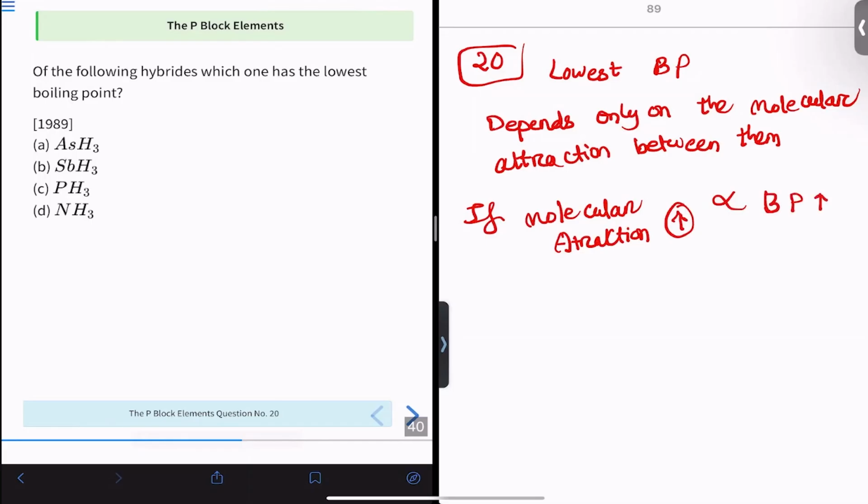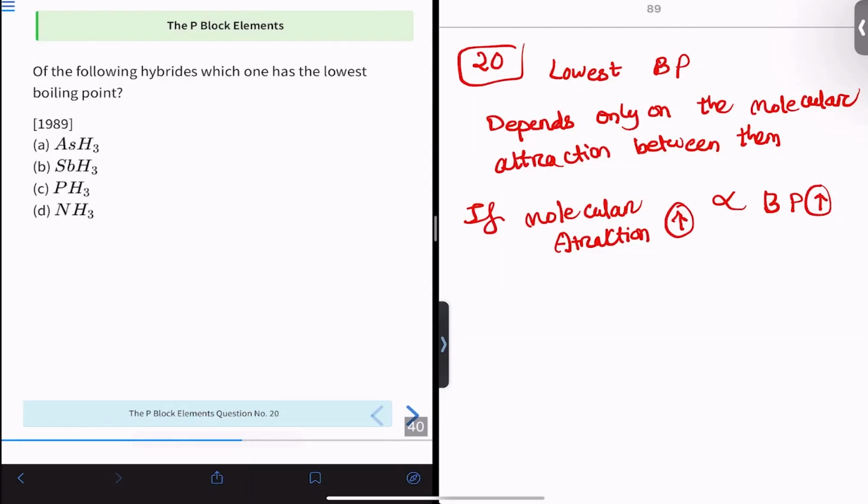So these are directly proportional. Indirectly, you have to see in which of the following four compounds the molecular attraction is very, very less, due to which it will also have a low boiling point. So which one will have a low molecular attraction?